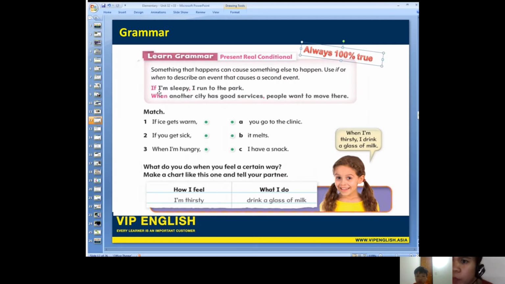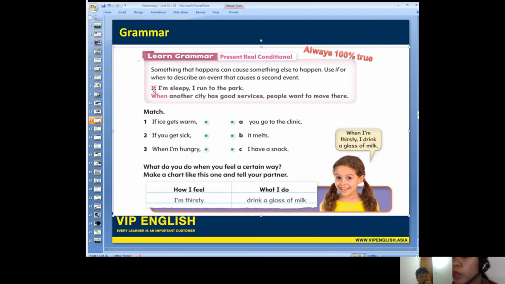Here, we have a few examples. If I'm sleepy, I run to the park. So if I'm sleepy, I run to the park because I don't want to fall asleep. And here we have another one. When another city has good services, people want to move there.